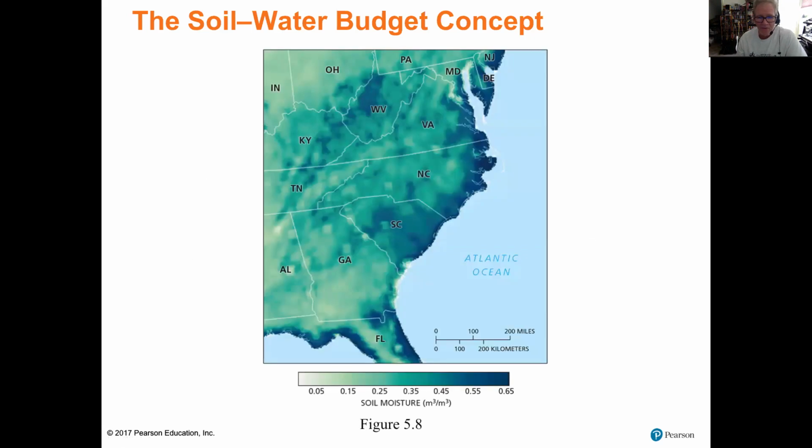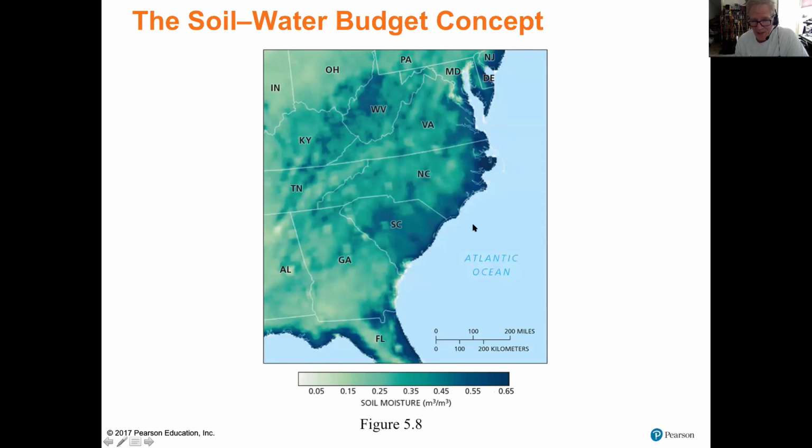This is just one way of looking at it. This is darker, the more soil moisture per cubic meter there is. We'll get into this in a little more detail in the upcoming chapters, but this is the Atlantic Ocean. This is the east coast of the United States. This is the Gulf of Mexico. So this warm water from the Gulf Stream, or Gulf of Mexico, enters the Atlantic and goes up the east coast.